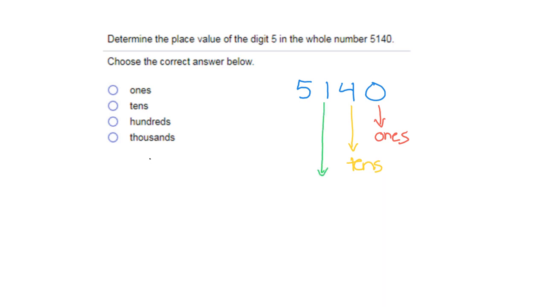The 1 is in the hundreds position. And this 5 is in the thousands position. So the answer to this question, the place value of the digit 5, is thousands.